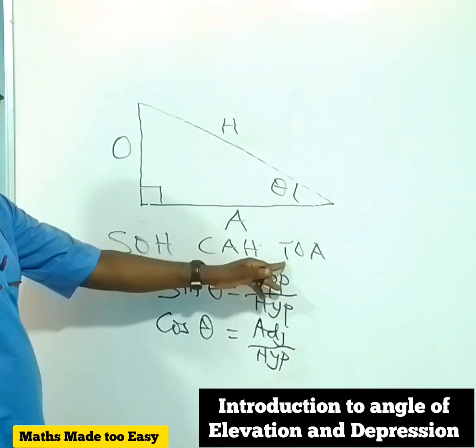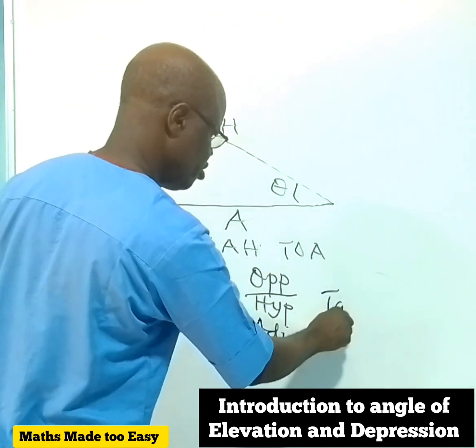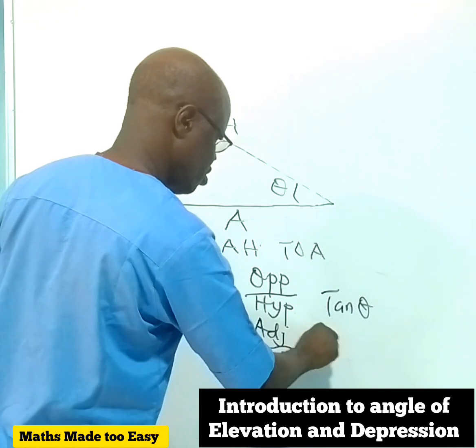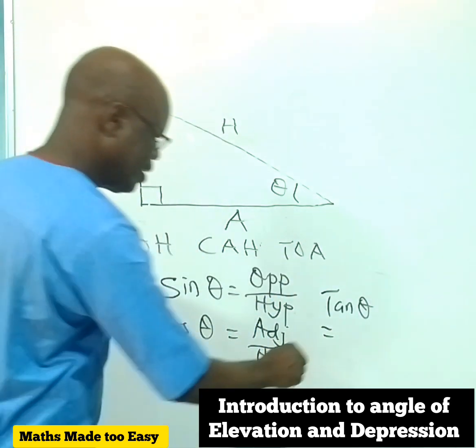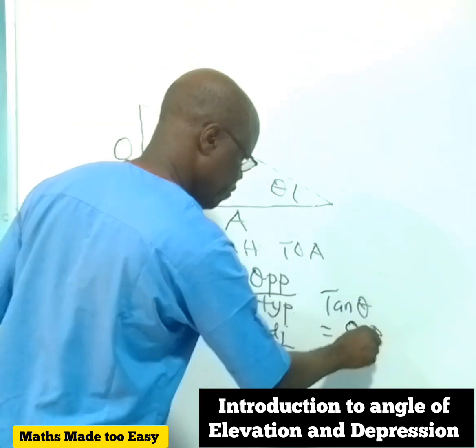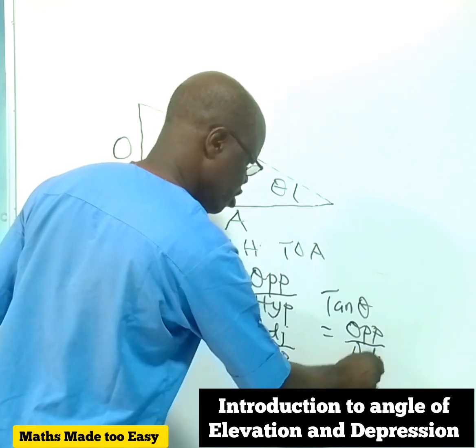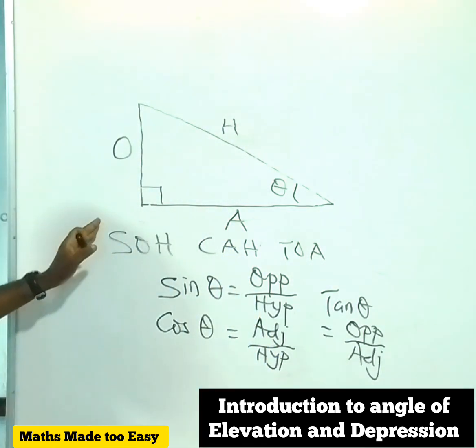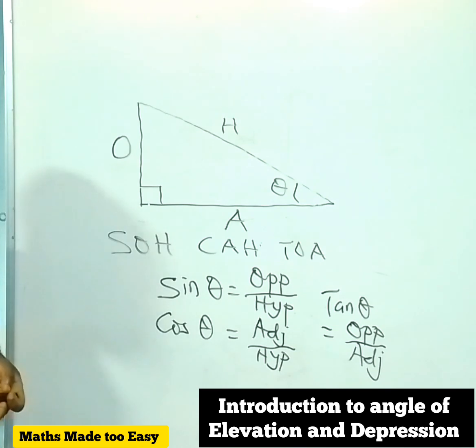Then we have tan theta is equal to opposite over adjacent. So these are what we refer to as trigonometric ratios.